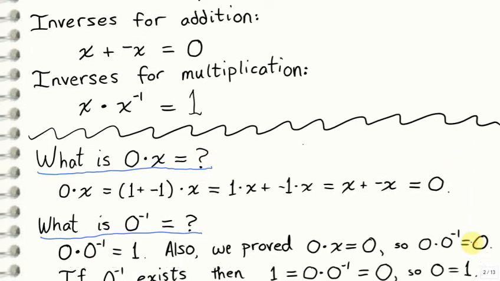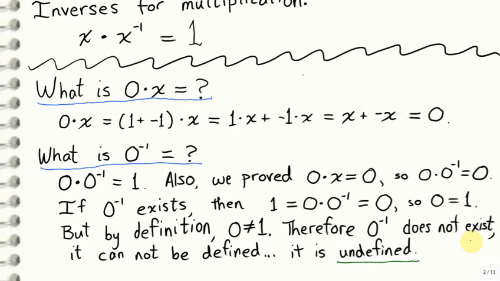And now we get to start to talk about undefined numbers. So what would the multiplicative inverse of 0 be? Well, if such a number exists, we know a couple of things. First off, the inverse of 0 has to satisfy this equation. By definition, 0 times its inverse must equal 1. But also, right up here, we proved that 0 times x is equal to 0.